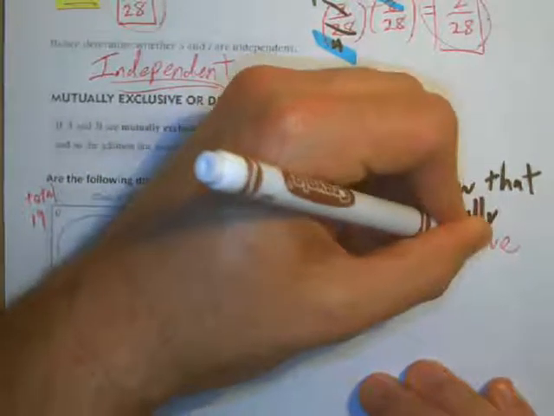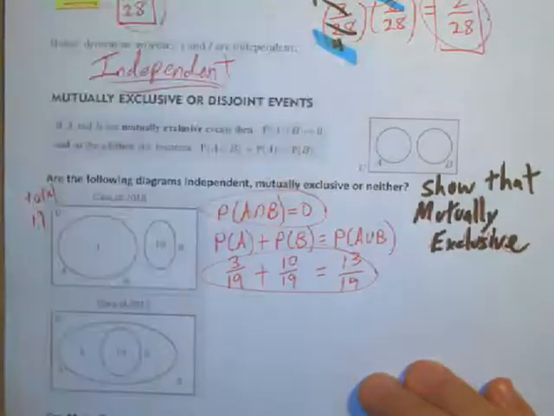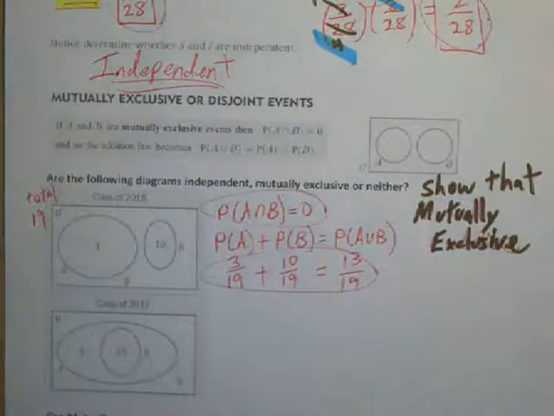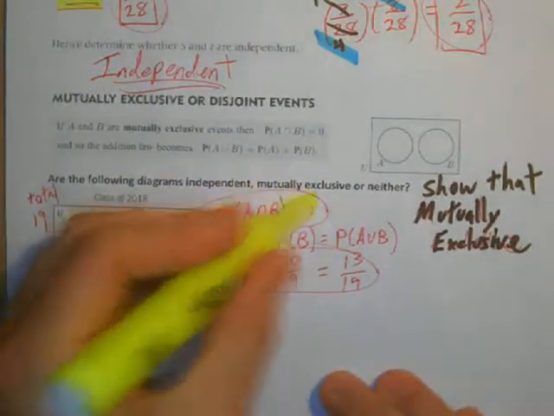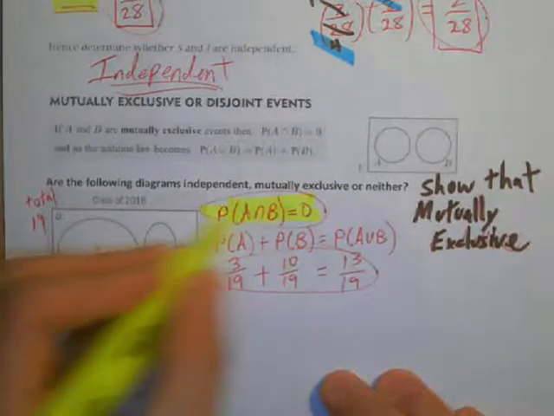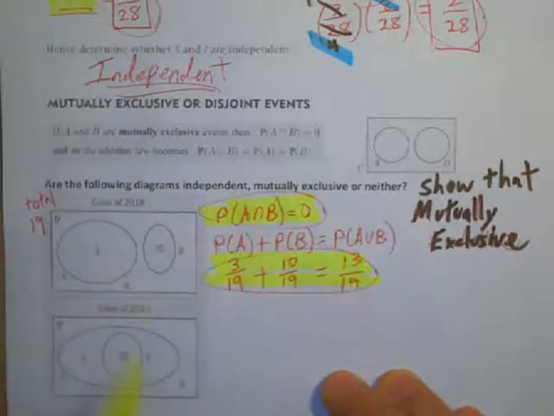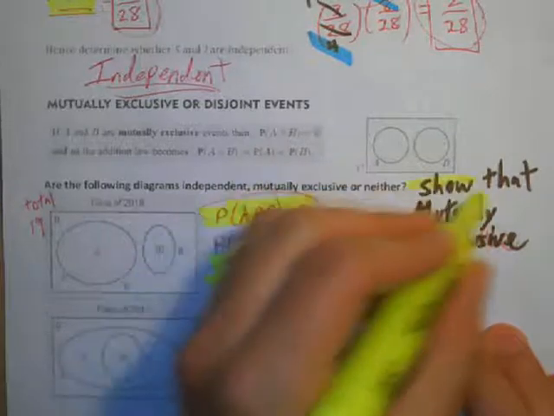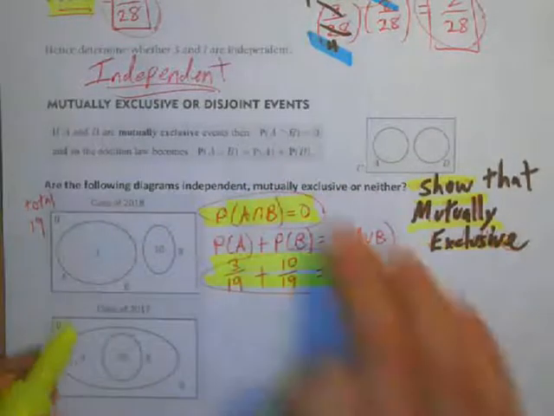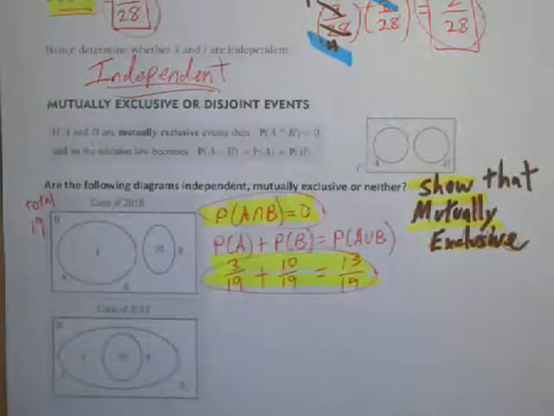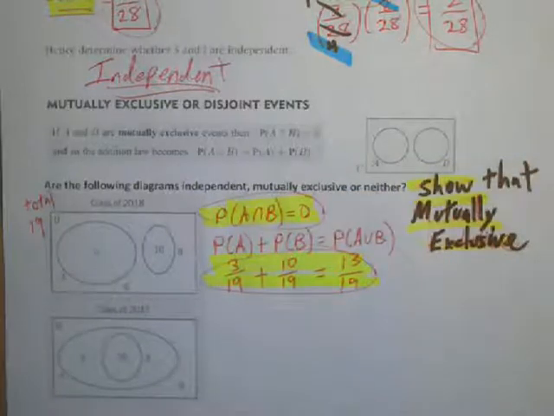And if you see that on an IB test, that means you have to write this down in order to get credit for showing that it's mutually exclusive. If you just say it is or it's not without showing, you won't get the credit. Okay?